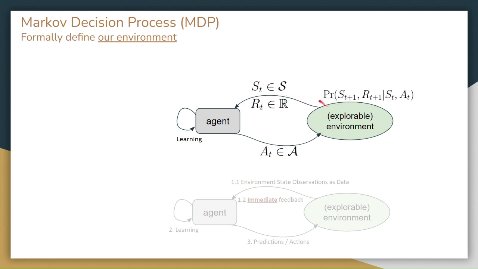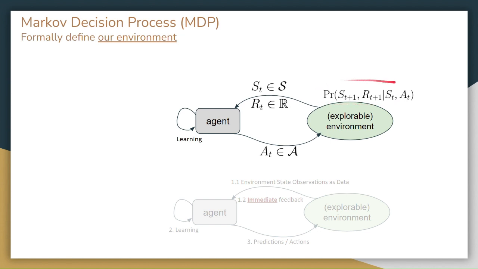This one, the environment model, is a conditional probability. It looks a little more complicated compared to these, but actually nothing is complicated here. The trick is you have to read it from back to front.